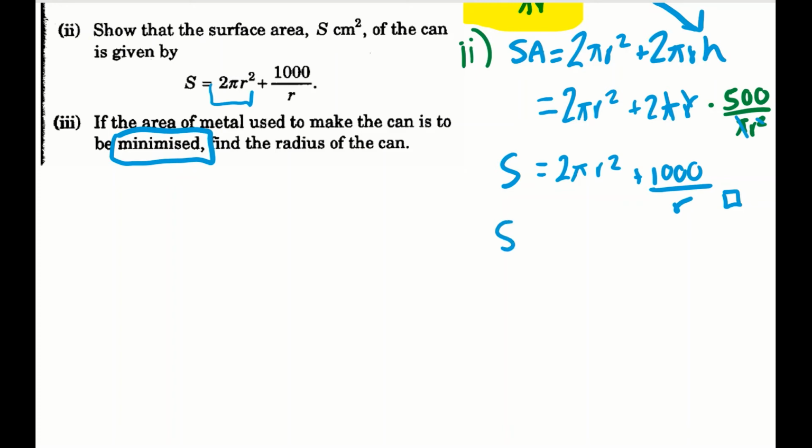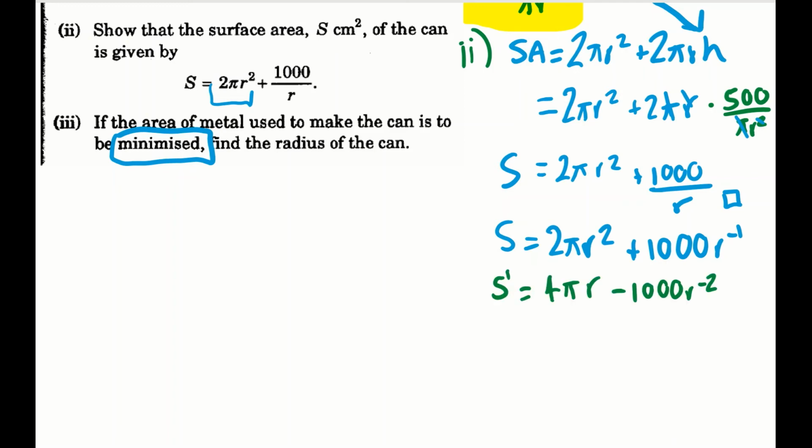The first thing I'm going to do, looking at that, it's not pretty. So I'm just going to remind myself that that's the same thing as writing it as r to the power of -1. And now I differentiate. Remember, I'm differentiating in terms of r, which gives me that, which I can rewrite, taking my r squared back underneath. Now I've differentiated, my second step is to solve that equal to 0.